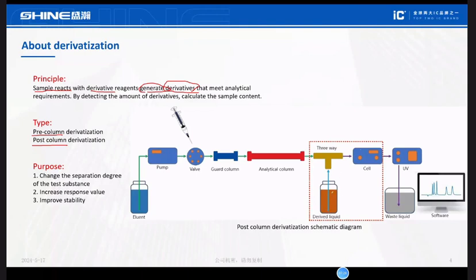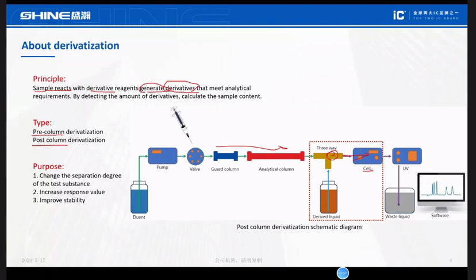There is a pump or gas delivering the derivatization liquid, passing through there and mixing together with the eluent and the sample. The sample passes through the column, and by the column it is separated, and then passes through here, mixing together to the next.